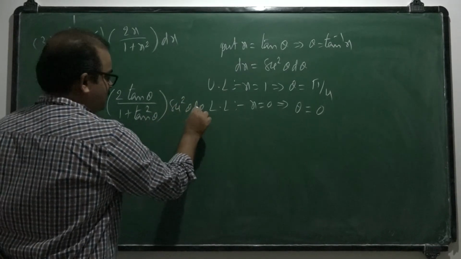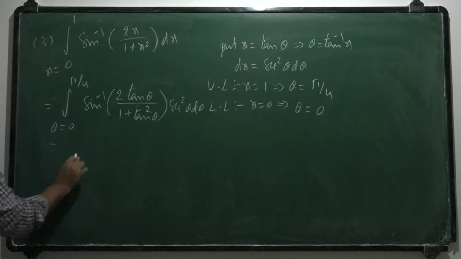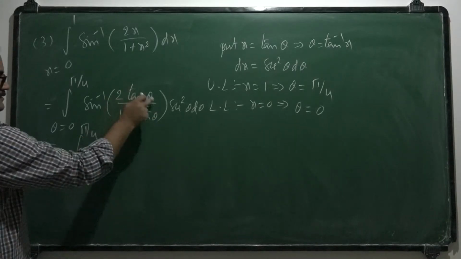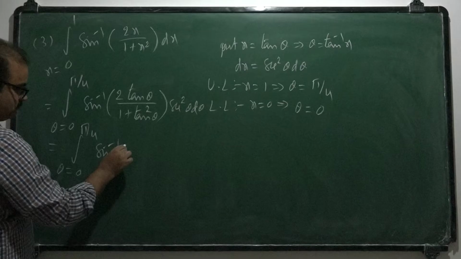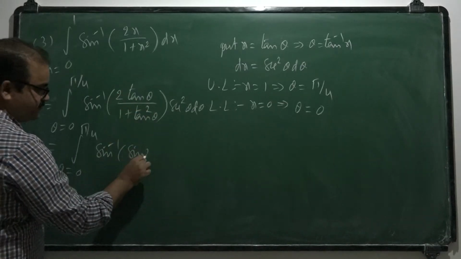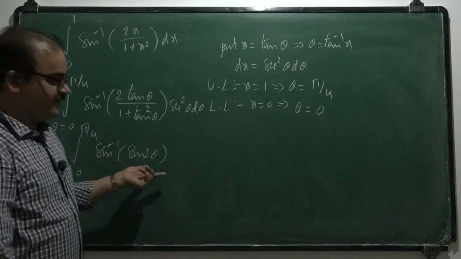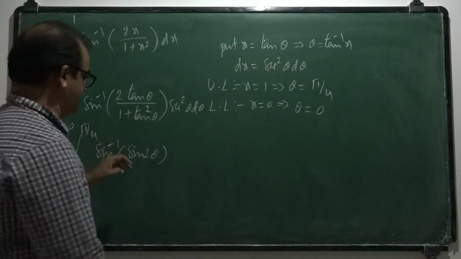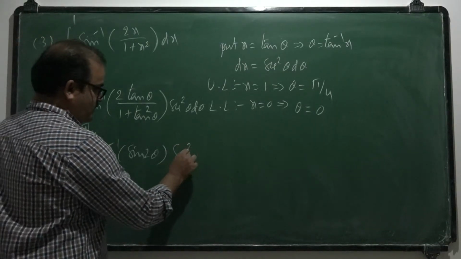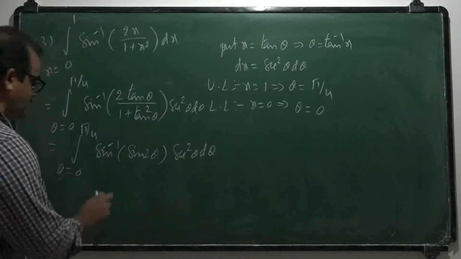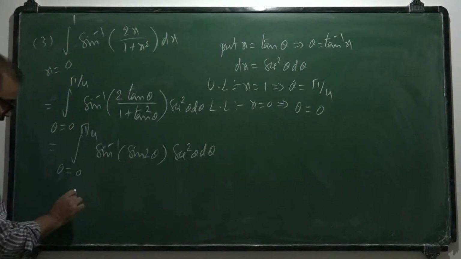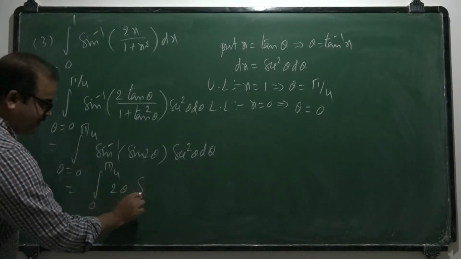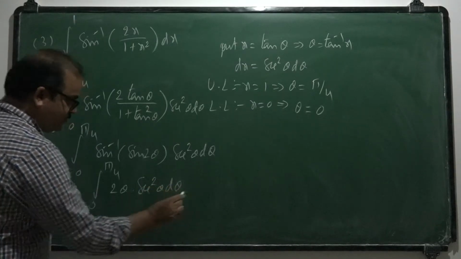Secant square theta into d theta. This is the formula of sin 2 theta. We know in trigonometry, sin 2 theta in terms of tan is 2 tan theta by 1 plus tan square theta. So sin inverse of sin 2 theta is 2 theta, into secant square theta into d theta.